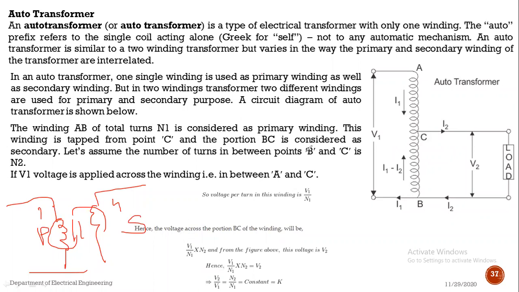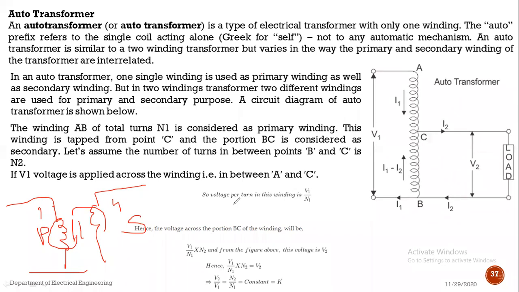In an auto transformer, only one winding is present. Some part of that winding acts as the primary winding and some part acts as the secondary winding. So there is an electrical connection between the primary winding and secondary winding. Also there is a magnetic connection between them.